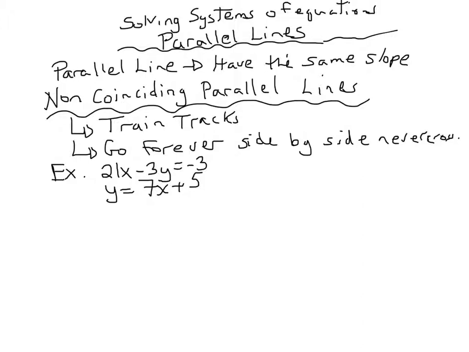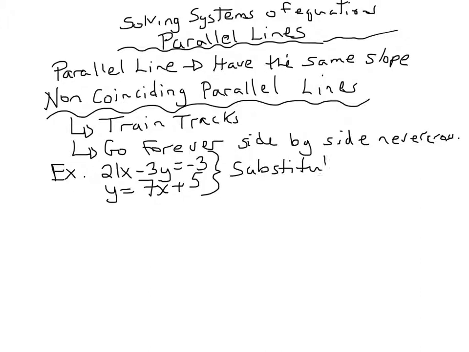Which method would you use: comparison, substitution, or elimination? Substitution. Whenever you have one equation with one of the variables isolated and the other with two variables on the same side, that's a substitution method question. So we're going to solve using substitution.